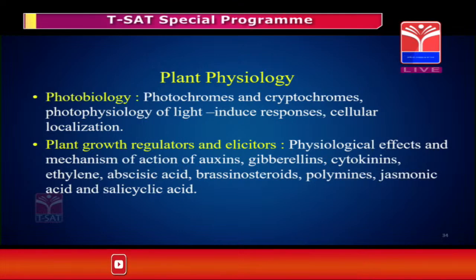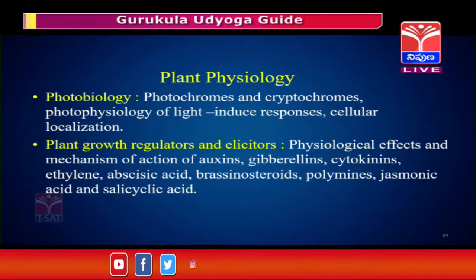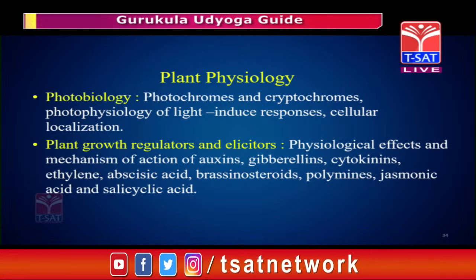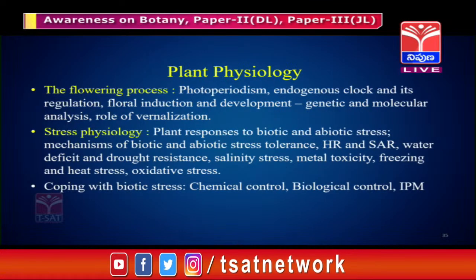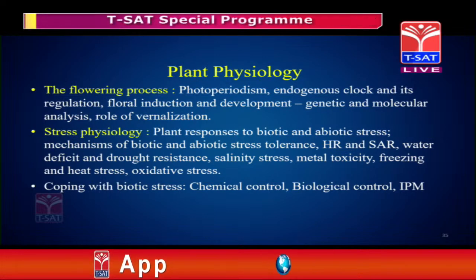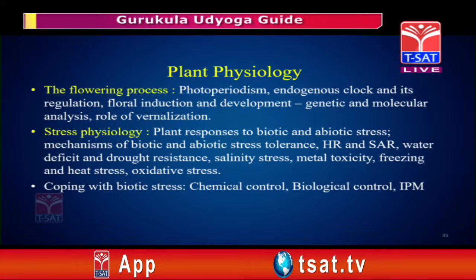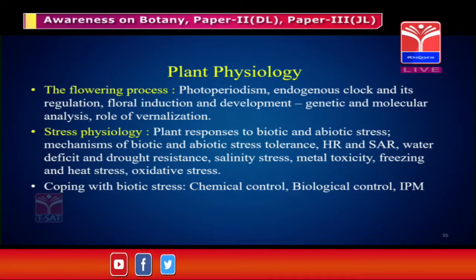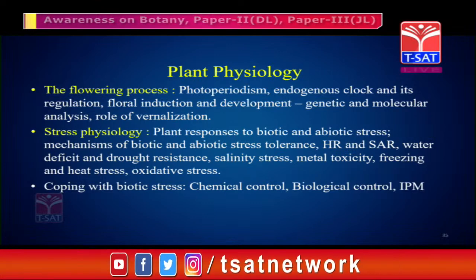And the recent developments, that is brassinosteroids, polyamines, jasmonic acid and salicylic acid, these things also are to be learnt. Then the flowering process. Under the flowering process, you have to understand photoperiodism, endogenous clock, its regulation, role of vernalization, etc.